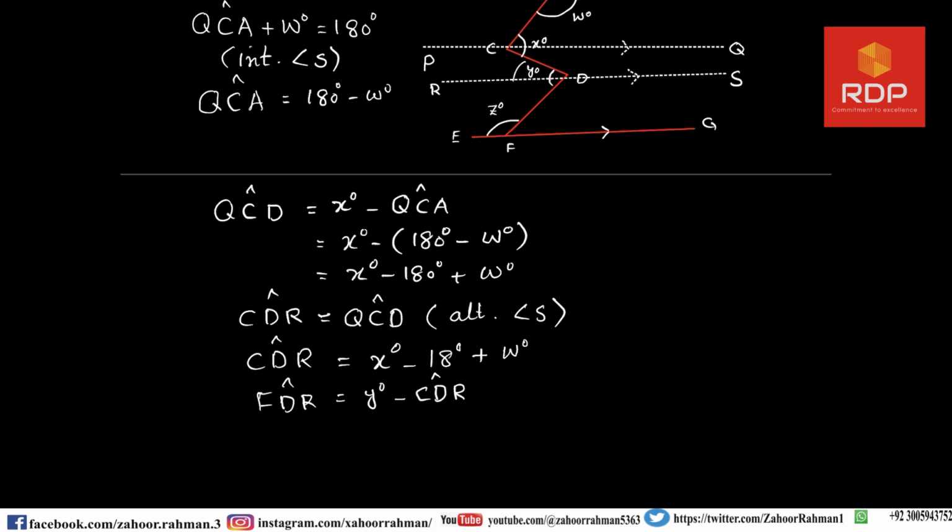CDR is this one, so if we subtract it from this one, we will be able to find this value. So ladies and gentlemen, we are in a position right now to find the value of FDR by putting the value of these variables.